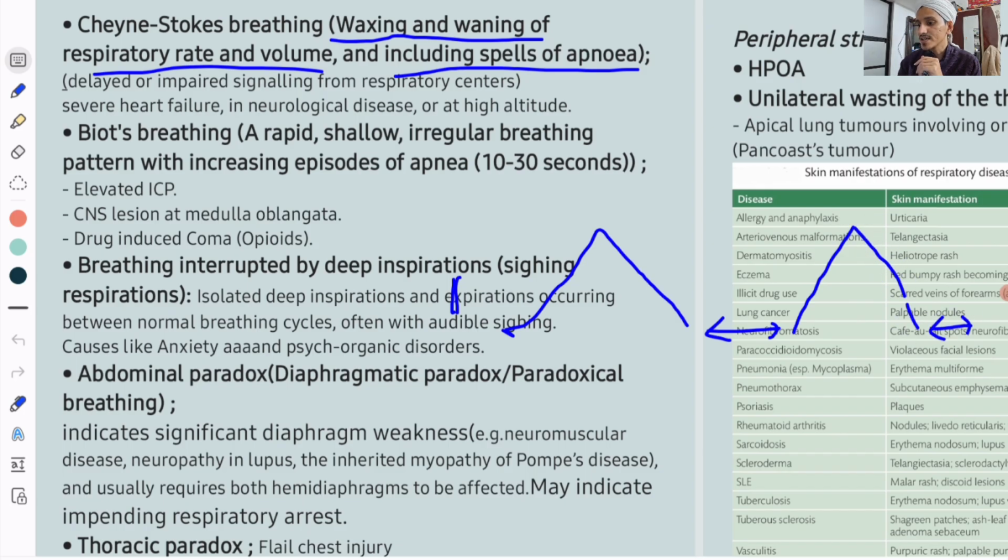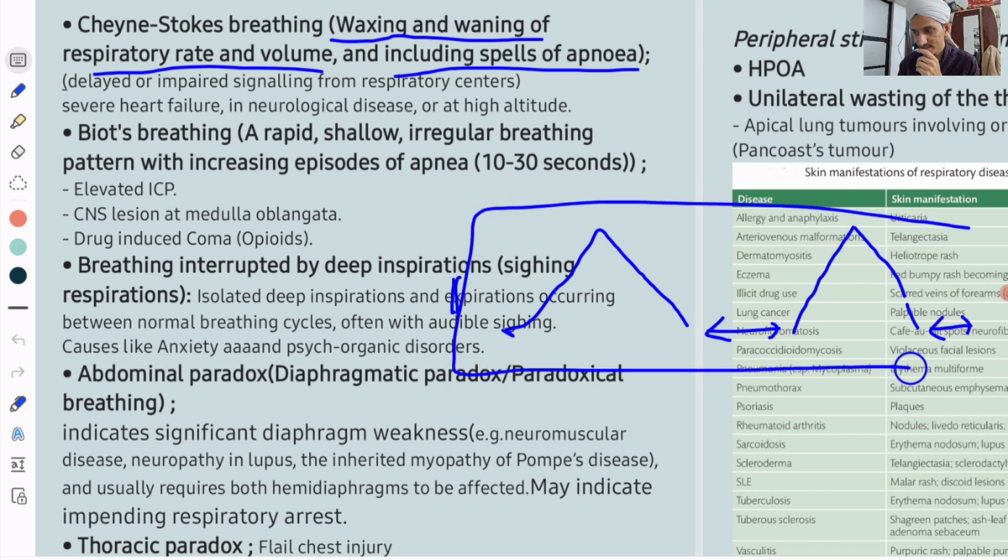This type of breathing is known as Cheyne-Stokes breathing. Why does this happen? Due to delayed or impaired signaling from respiratory centers. This is seen in heart failure, in neurological disease, or at high altitude. You should go and watch a video of Cheyne-Stokes breathing, which is available on the internet.